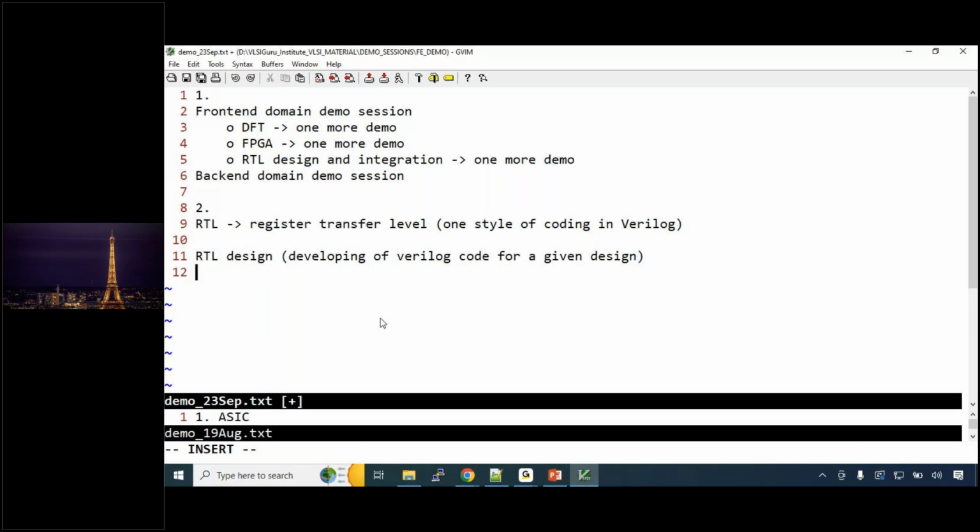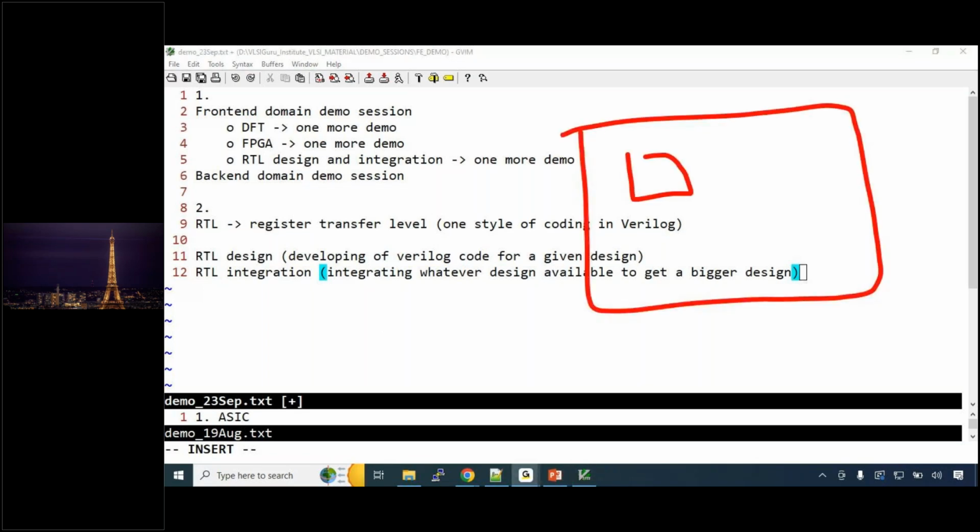Second thing you can do is RTL integration, that is integrating whatever designs are available to get a bigger design. Understood? You have smaller designs. Let's say this is my chip.